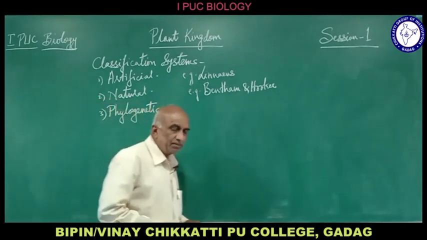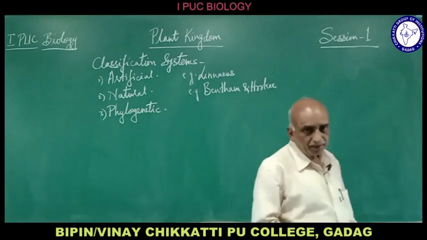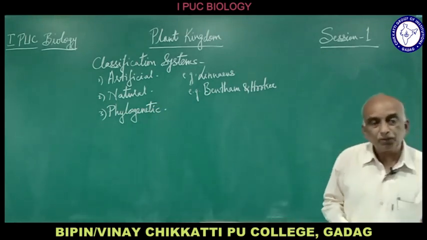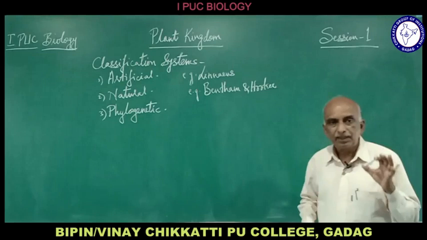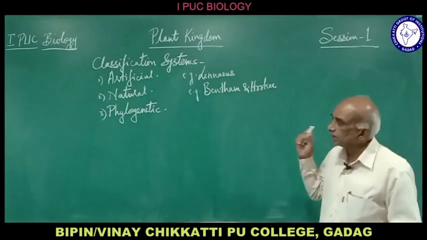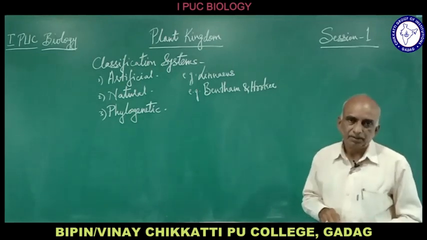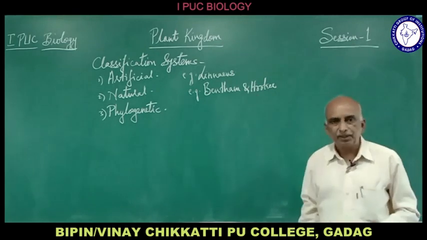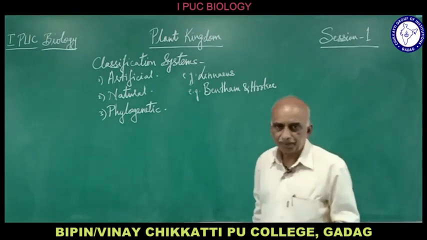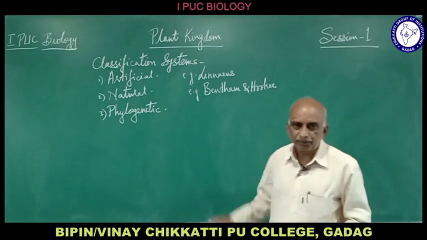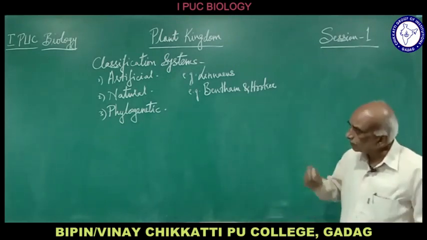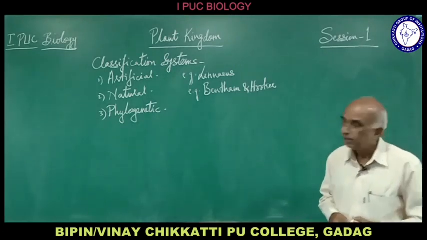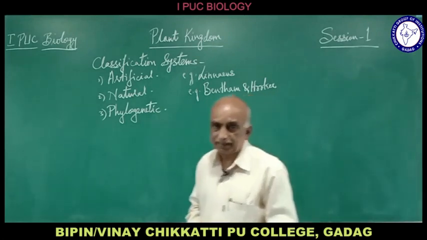So George Bentham and Joseph Hooker proposed a system of their own, which is an example of the natural type of classification. We are not concerned about how they classified further. That is somewhat out of our coverage. So that is natural.